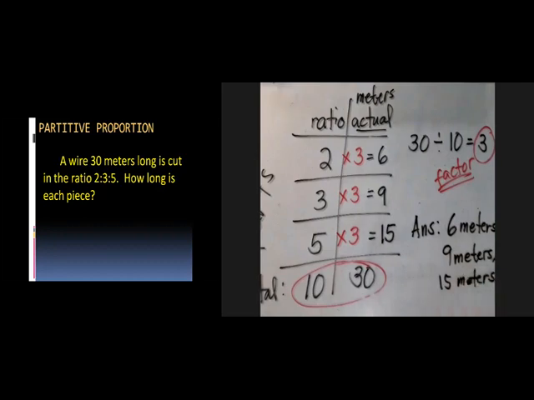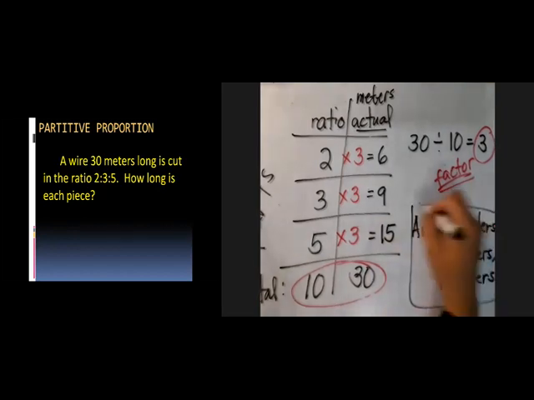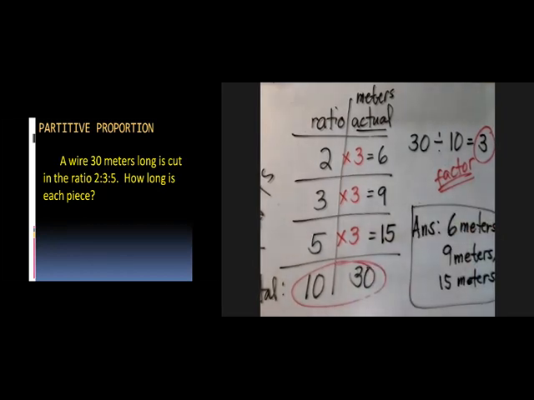So, how long is each piece? It's 6 meters, 9 meters, and 15 meters. Ito ngayon yung ating sagot sa ating problem. So that's how you solve a partitive proportion problem. Okay, hindi tayo gumamit ng masyadong komplikadong equation. Ang ginamit lang natin ay table.